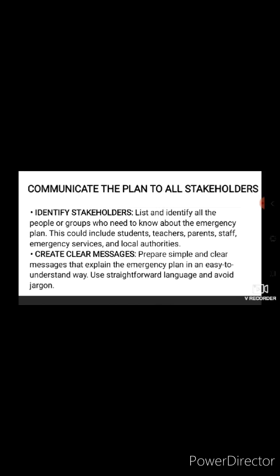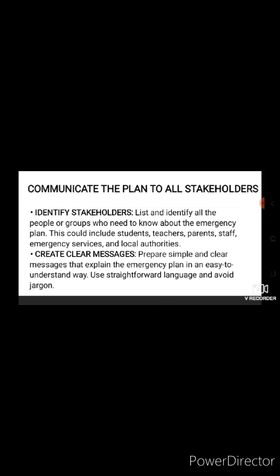Then next is create clear messages. Prepare simple and clear messages that explain the emergency plan in an easy to understand way. Use straightforward language and avoid jargon.